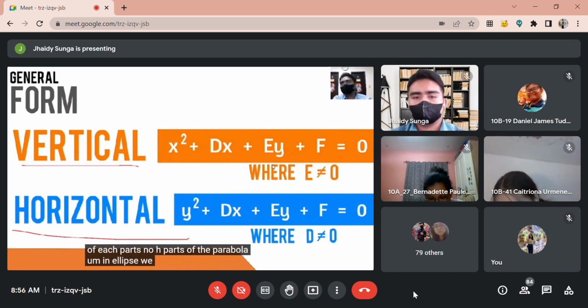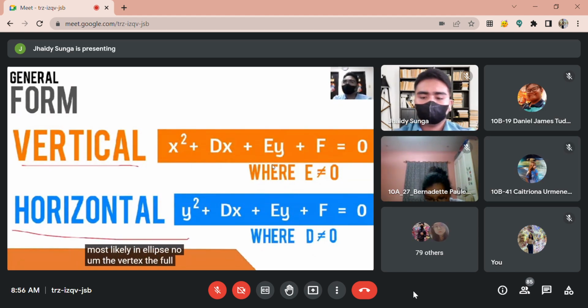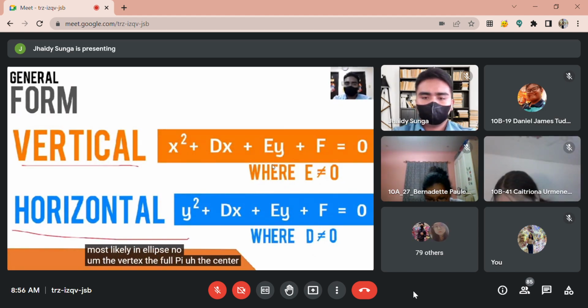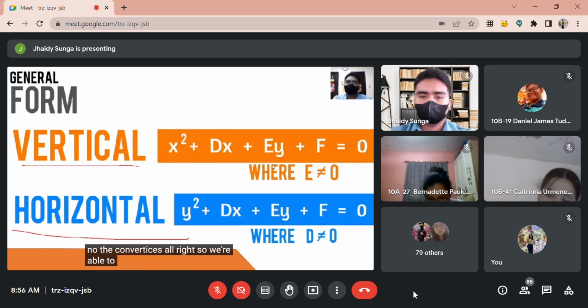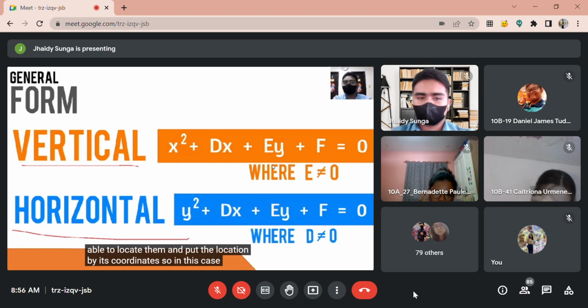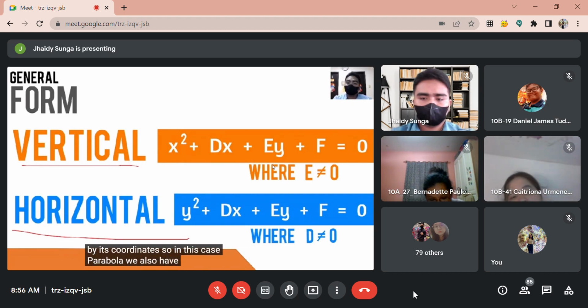In ellipse, we have seen and we knew about these parts of conic sections: the vertex, the foci, the center, the co-vertices, all right? So we were able to locate them and put the location by its coordinates. So in this case, in parabola, we also have coordinates. So how are we going to find the coordinates? So here's the table po.